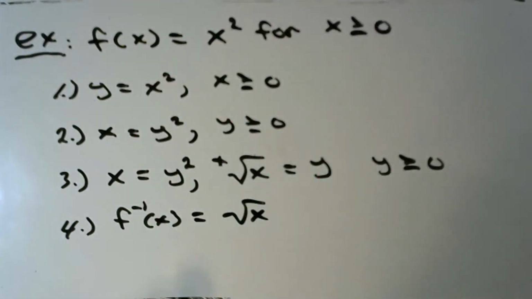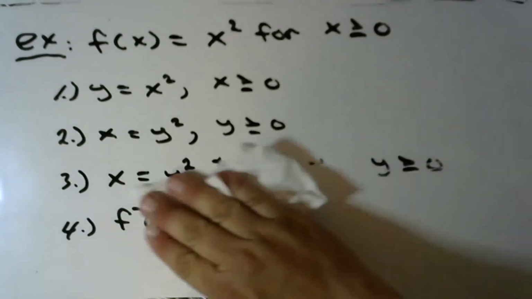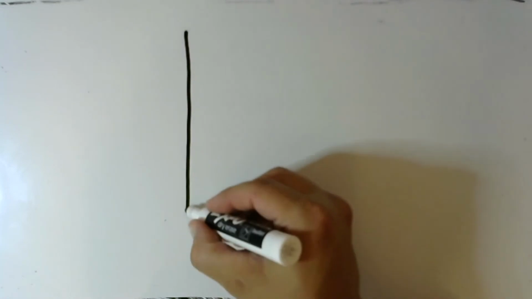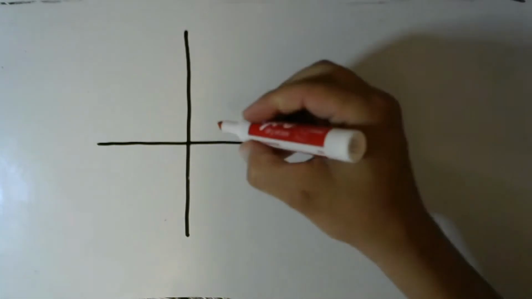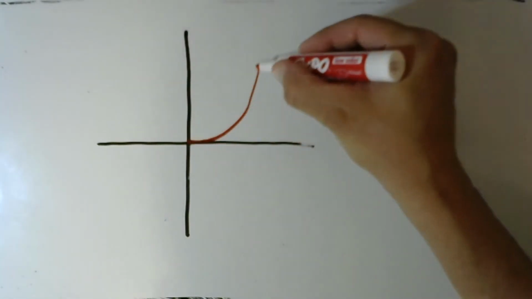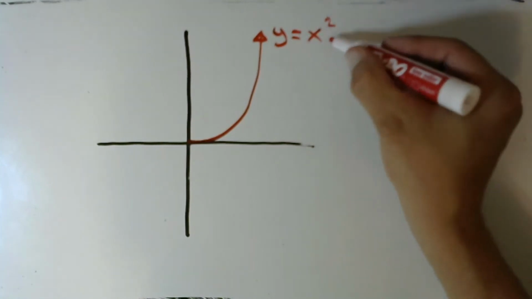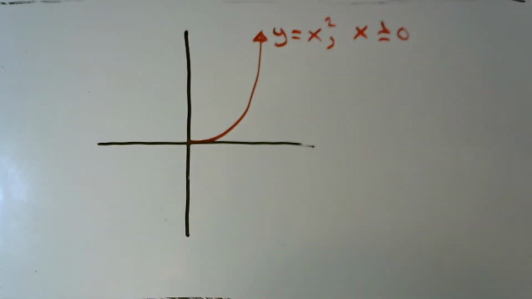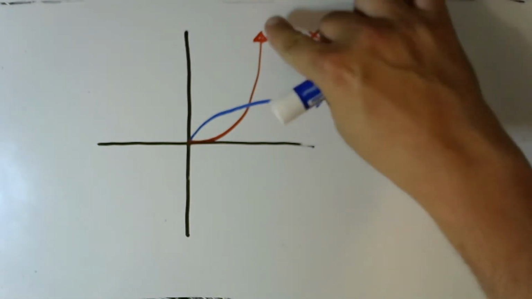Now, let's graph this using, again, just that positive root. Now f of x is x squared, x greater than or equal to 0. And then square root of x, the positive root, and here, let me put f of x here.